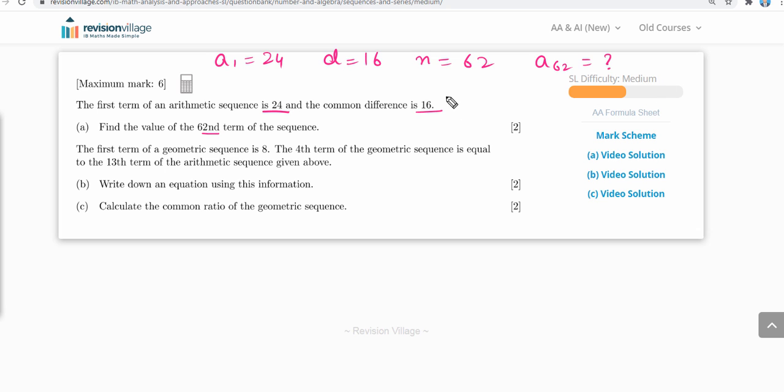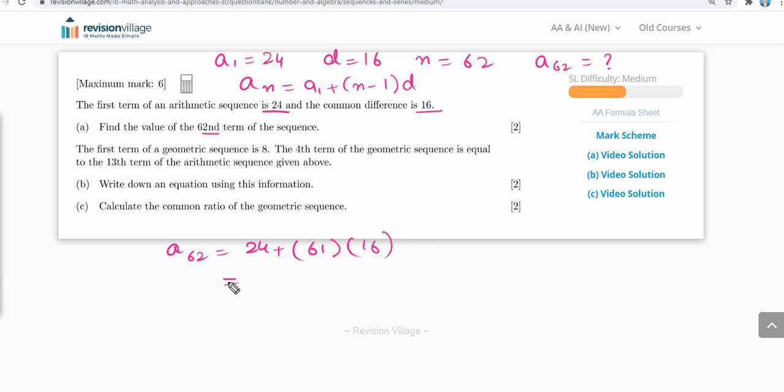So we'll just use the formula, that will be a n equals a1 plus n minus 1 times d. Okay, so a1 is 24. I'll shift my working over here. So a of 62 equals 24 plus 62 minus 1, that will be equal to 61, and the common difference is 16.